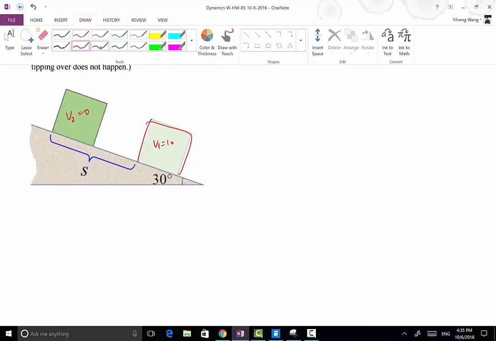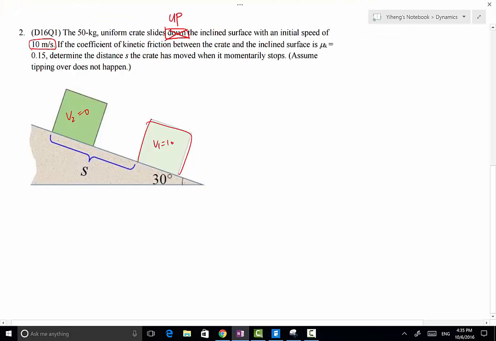So we're going to solve this problem using the principle of work and energy. T1, the initial kinetic energy, plus the total work done to this crate during this process from state 1 to state 2 equals T2.